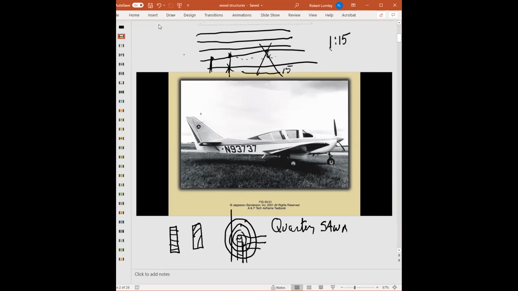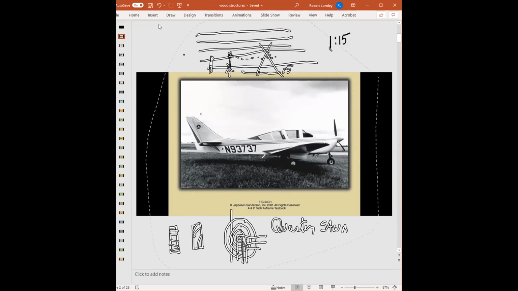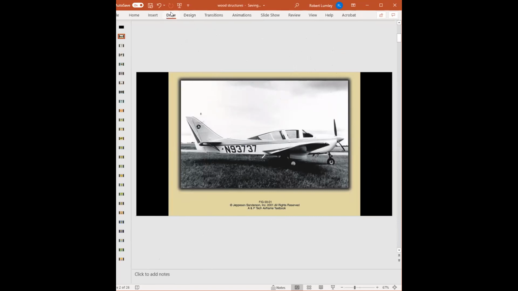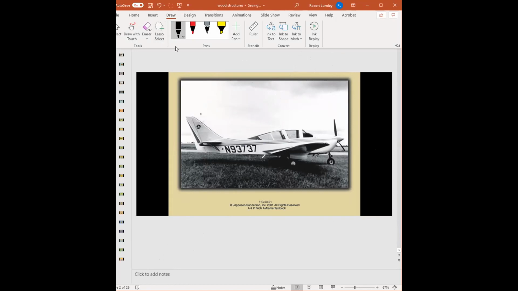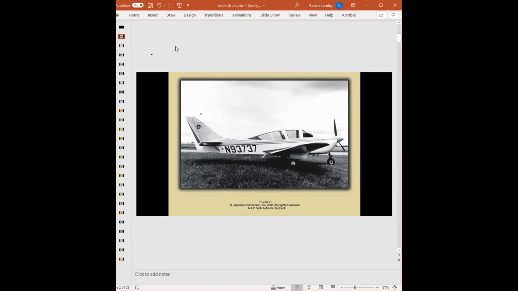Okay, I'm just going to erase what I've drawn so far. Okay, so species of wood. Generally, the reference wood, the FAA reference wood, is what's known as Sitka spruce. When wood aircraft were being built, there was a whole wide range of different species.